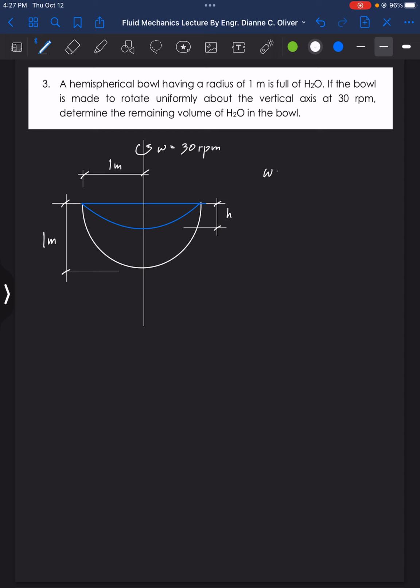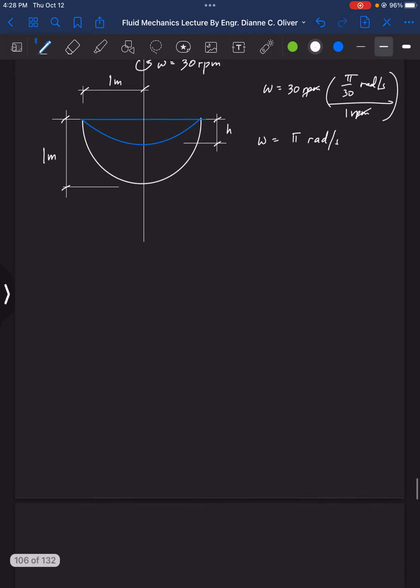So omega is equal to 30 RPM times pi over 30 rad per second all over 1 RPM. Cancel RPM, so omega now is equal to pi rad per second.